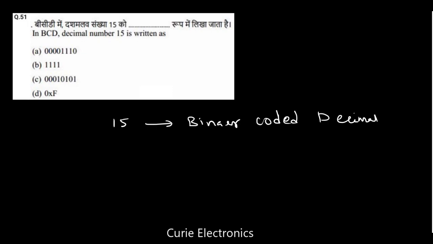We'll mention 0 to 9, each decimal digit with 4 bits we have to represent. So 1 we can write as 0, 0, 0, 1. Now next is 5. 5 is 0, 1, 0, 1. Correct? 1, 2, 4, 5. So this is the option. Option C is the right answer.